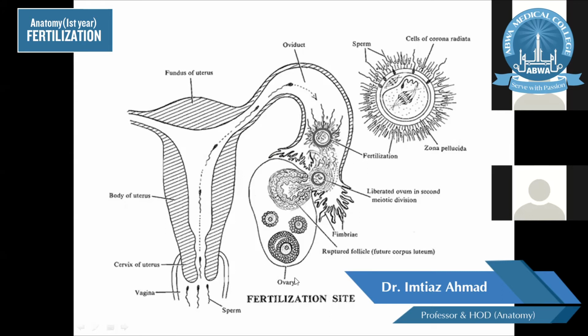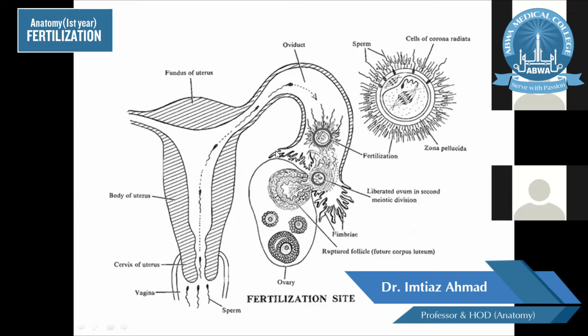This is the ovary, and this is the Graafian follicle, which ruptures, and the secondary oocyte and the first polar body, surrounded by the zona pellucida and a layer of corona radiata cells, come out.